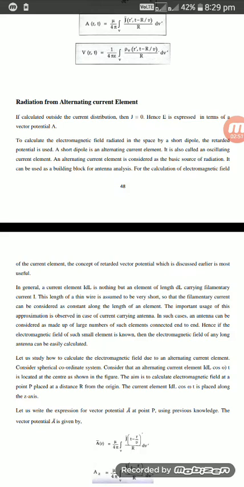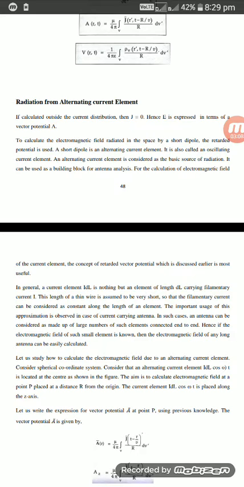A short dipole, the alternating current element, is also called an oscillating current element. An alternating current element is considered the basic source of radiation.